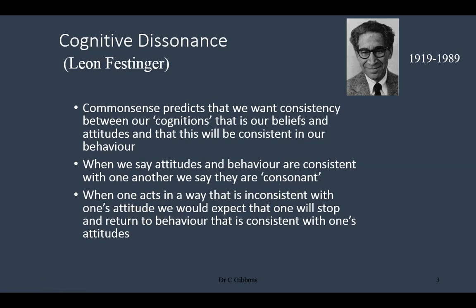And you would think from a common sense point of view that you would come back into line. But what Festinger finds is that sometimes, rather than revert back to acting in a way that's consistent with their attitudes, people actually, oddly, will change their attitudes, or they may find some kind of rationalizing reason to explain why they're acting in a way that's counter to their attitudes.